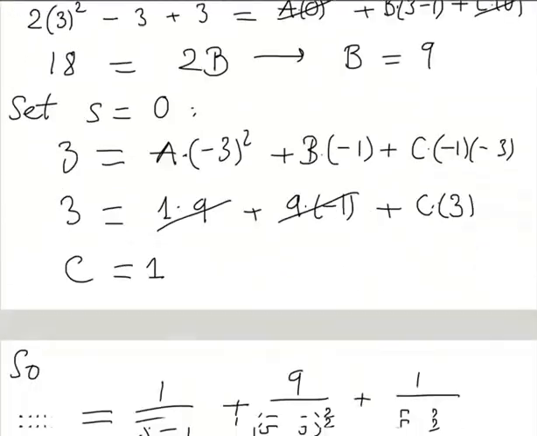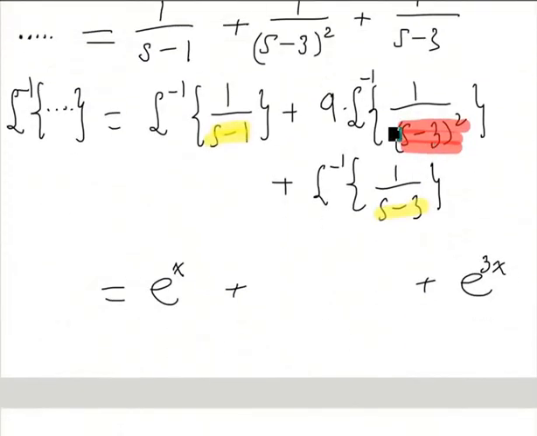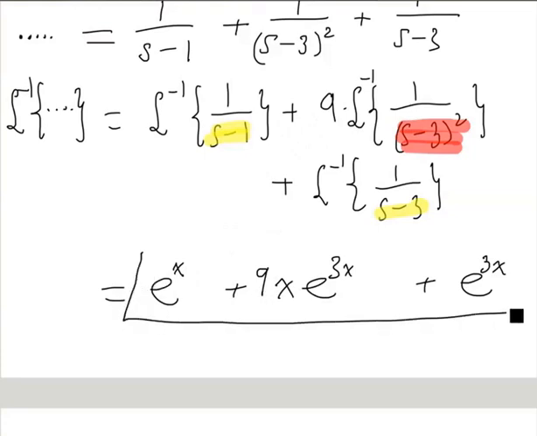In our problem, alpha is 3, so over here the answer is x e to the 3x, with the constant 9 in front. And this is the answer to our problem. The inverse Laplace transform of the given fraction is the sum of the 3 functions.